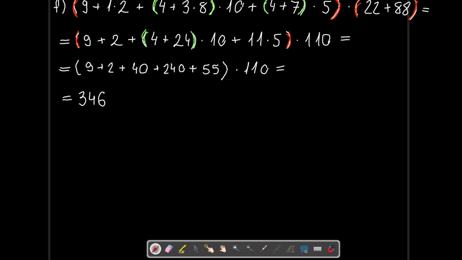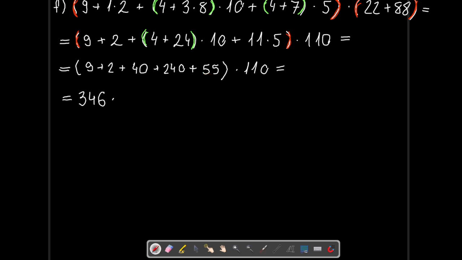Let's confirm that by adding these numbers in a different way. So 9 plus 2 is 11, plus 40 is 51, plus 240 is 291, plus 55 is really 346, yeah.